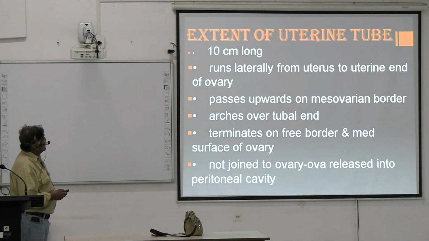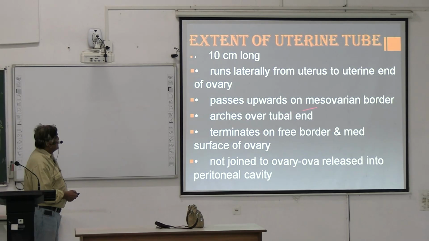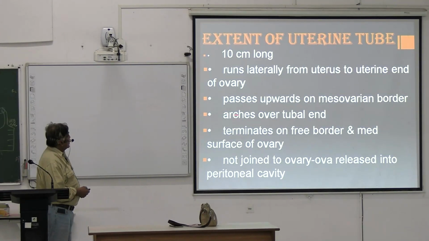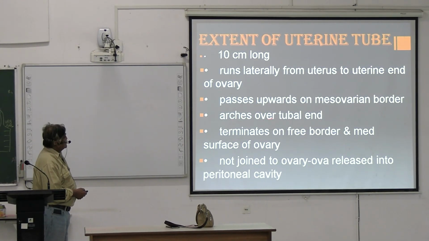Now, extent of uterine tubes, 10 centimeters long, runs laterally from uterus to uterine end of the ovary, passes upwards on mesosalpinx, arches over the ovary, terminates in the free border of the medial surface of the ovary, not joined to the ovary, released in peritoneal cavity.